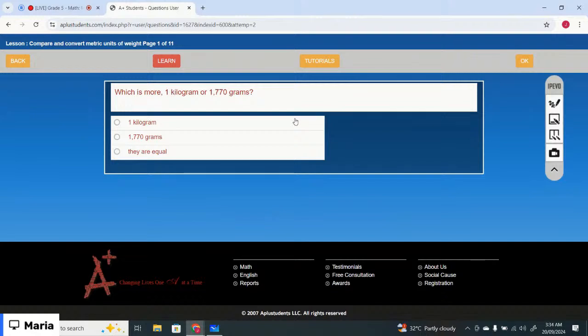1770 grams is more because in 1 kilogram you have 1000 grams. Option number 2 is the correct option.